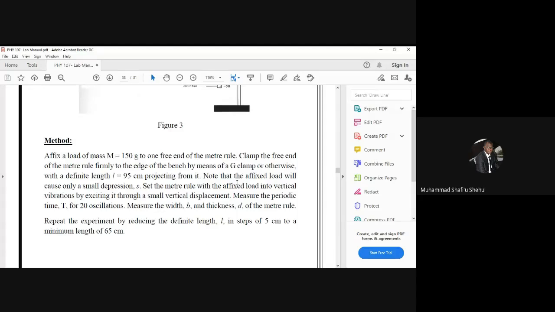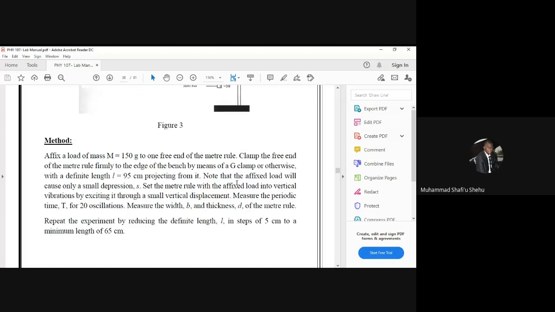So then we're going to affix our load, which was initially stated to be 150 gram, to the other end, and allow it to have a vertical vibration for 20 oscillations. So this is to know whether the meter rule is going to be an elastic body after this vibration at 95 centimeter.